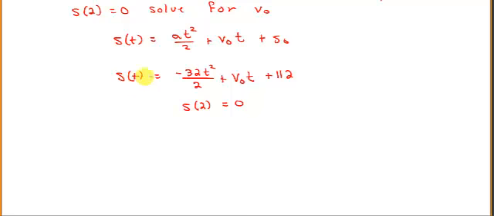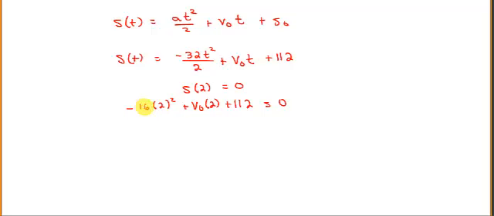Well, s of 2 is s with each instance of t replaced by 2. So that would be negative 32 divided by 2 is 16, negative 16 times 2 squared plus v0 times 2 plus 112 is equal to 0.